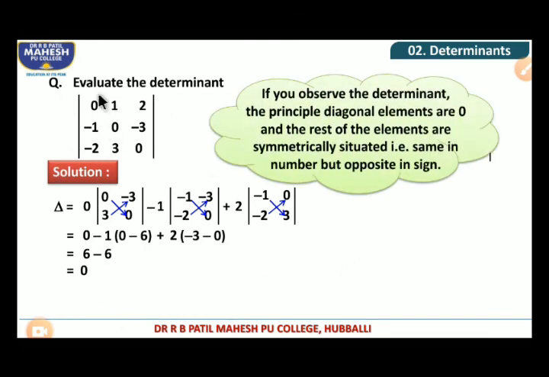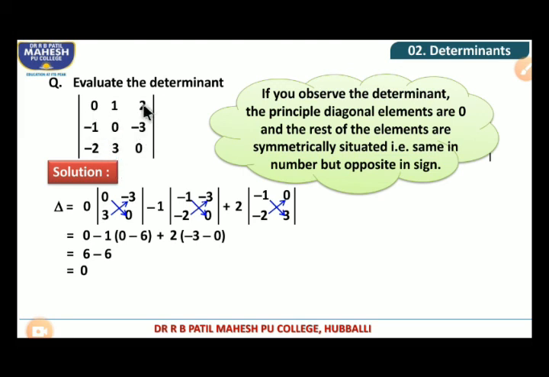Student, if you observe this determinant, the principal diagonal elements are all 0 and the rest of the elements are symmetrically situated. Symmetrically means the same number but opposite in sign. Minus 1 is here, but here it is plus 1; -2 and plus 2; 3 and -3.